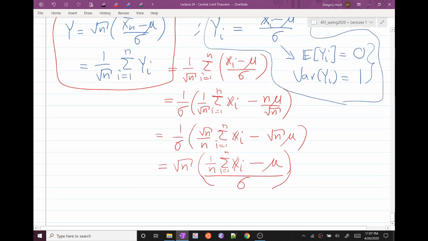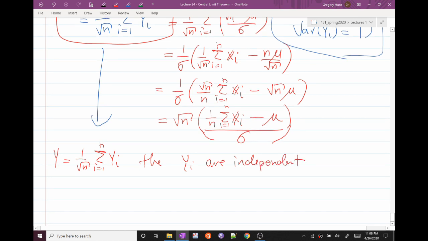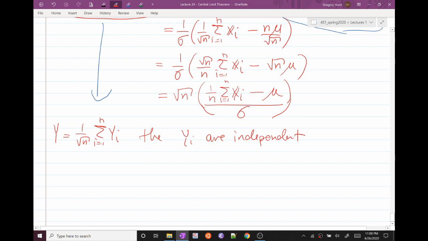And we have a theorem, so let's bring this all down. Let's just rewrite this, that y is 1 over root n times the sum, i goes 1 to n of these y sub i. And notice that the y sub i are independent because the x sub i, upon which they are based, are independent. And so if we look at the moment generating function for y, M_y of t, we have a theorem that says y is 1 over root n times the sum of the y sub i.